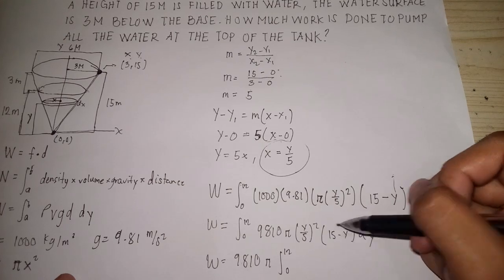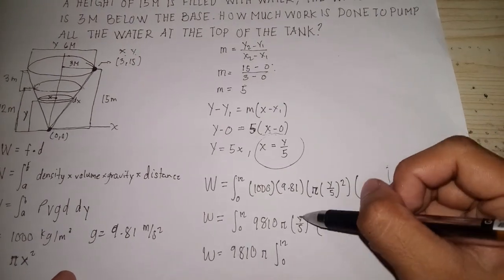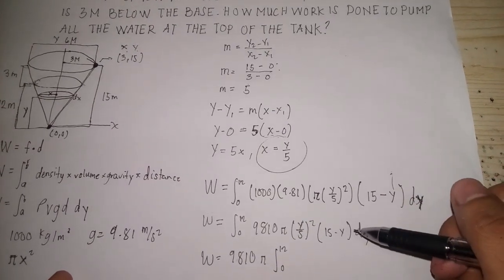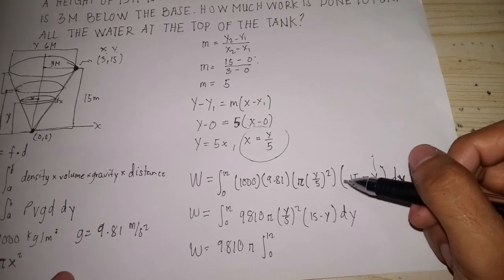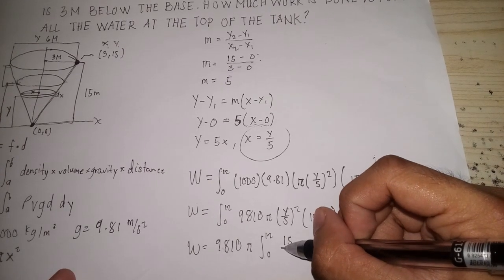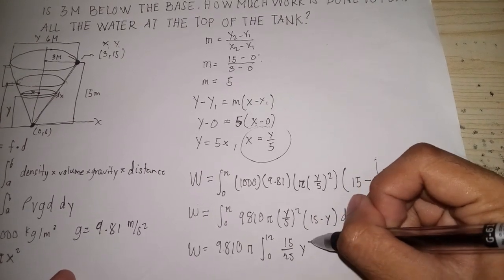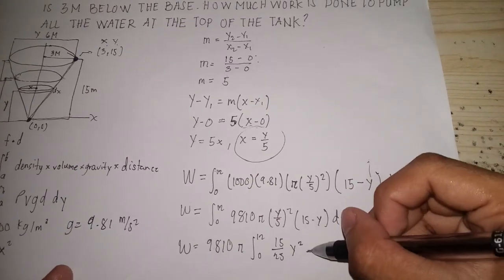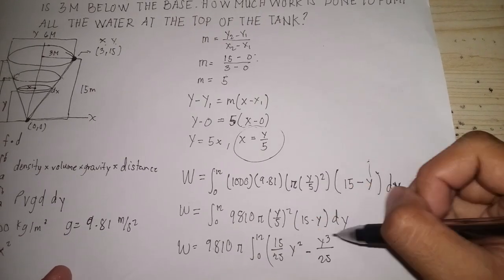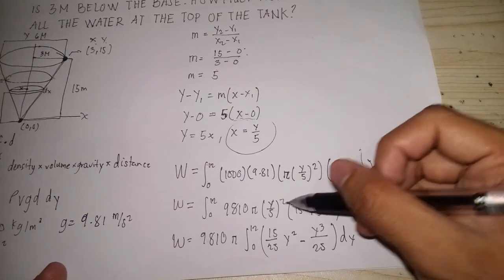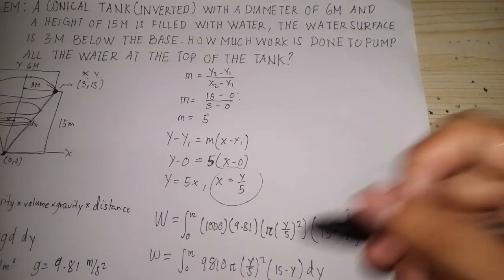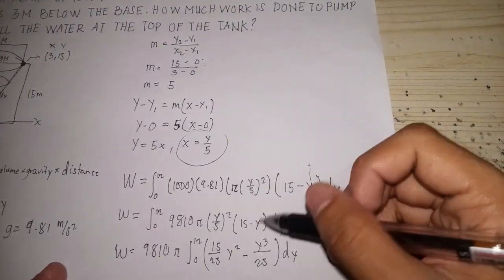Then if we distribute y over 5 squared with 15 minus y, we should be able to get 15 over 25 y squared minus y cubed over 25 dy. Since if we square this, it becomes y squared over 25, right? That's how we got this.